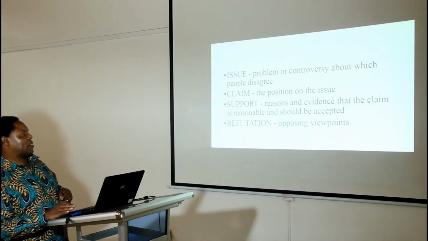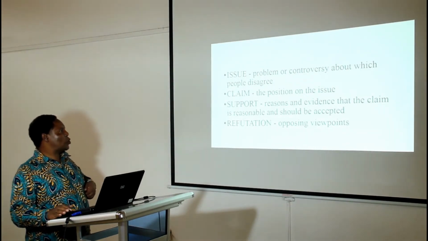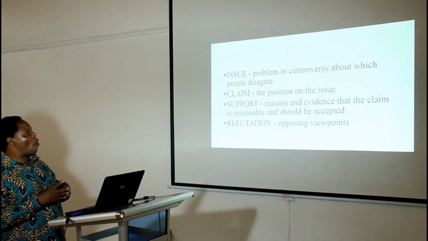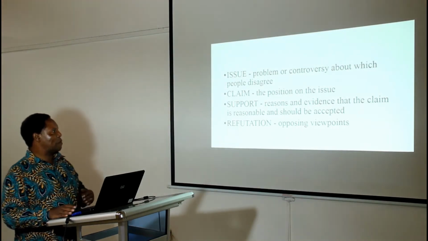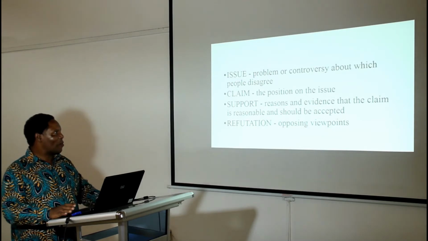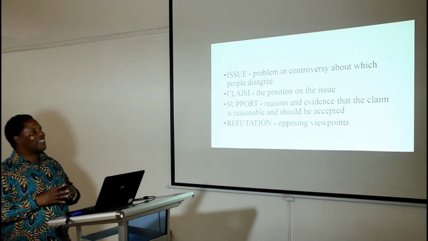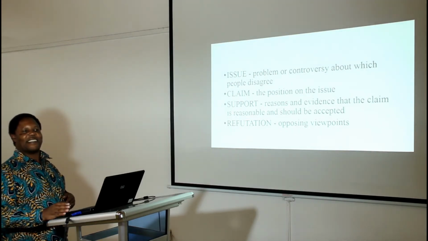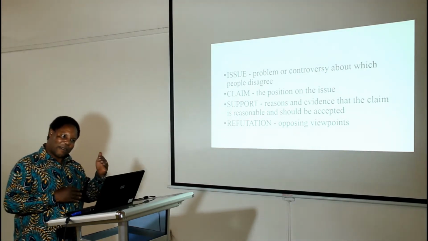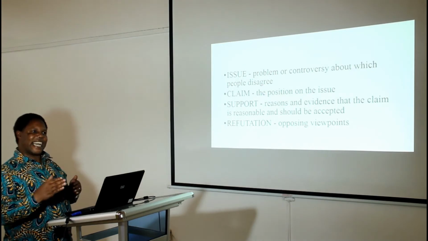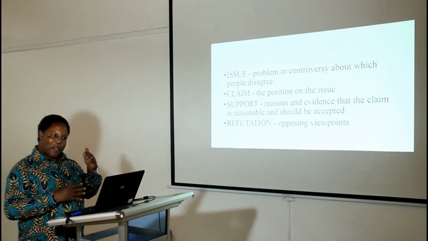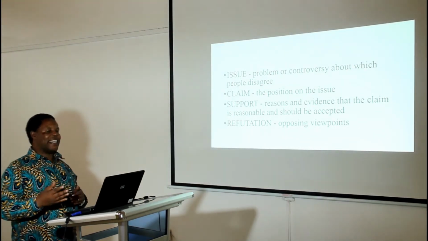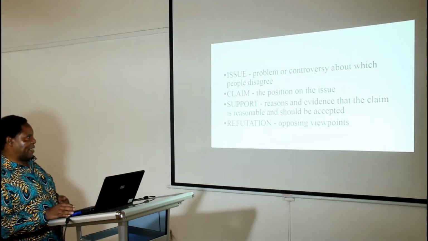There are issues, and an issue is a problem or controversy about which people disagree. When you deal with an issue, some people will bring some concepts and ideas, and others will go contrary to the ideas made at the beginning.